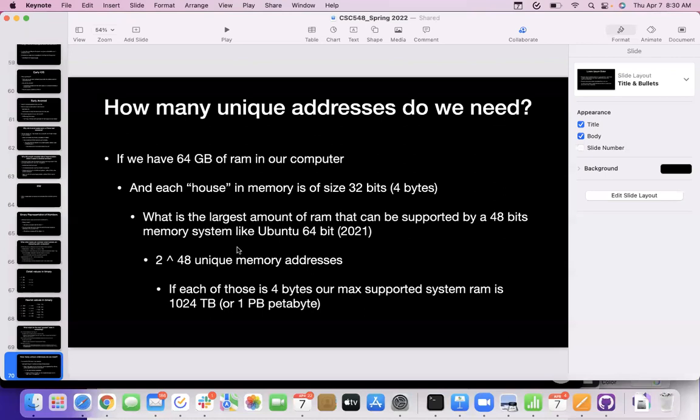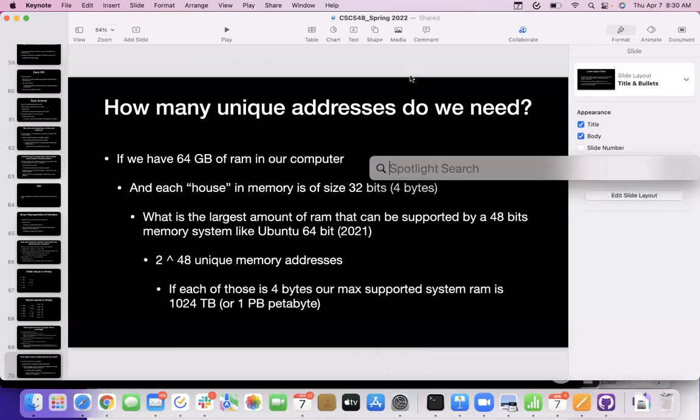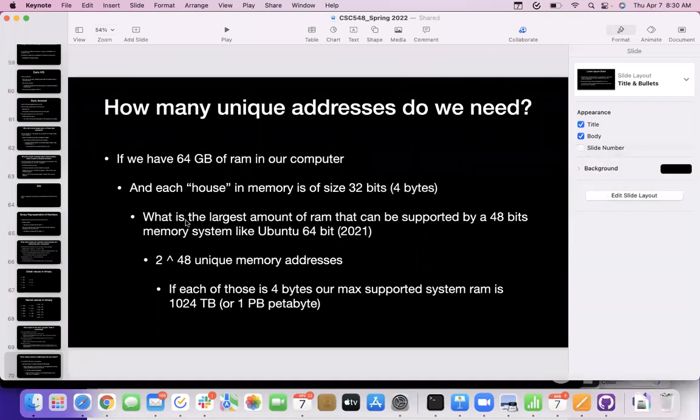So we have 281.5 trillion houses that we can have inside of our computer. That means we have 2 to the 48th power unique houses that we're allowed to have. And we're going to assume that every one of those houses can hold the same amount of stuff.